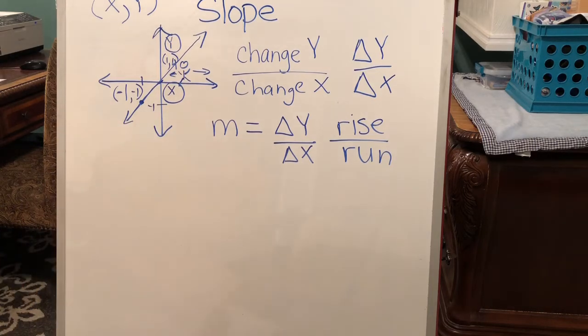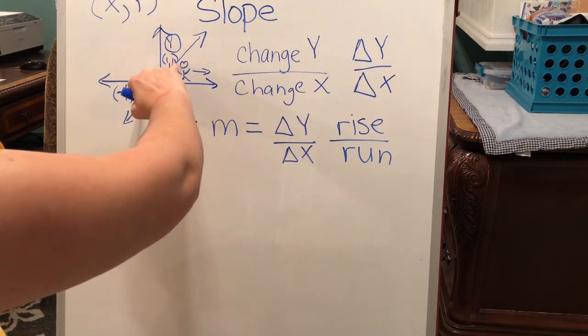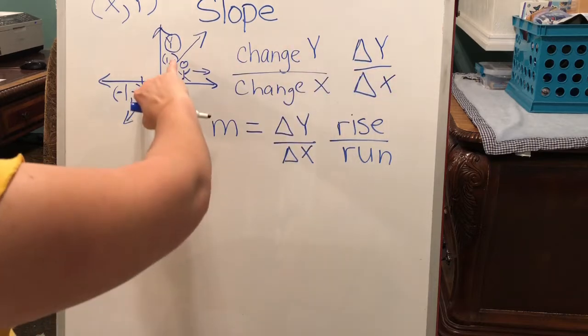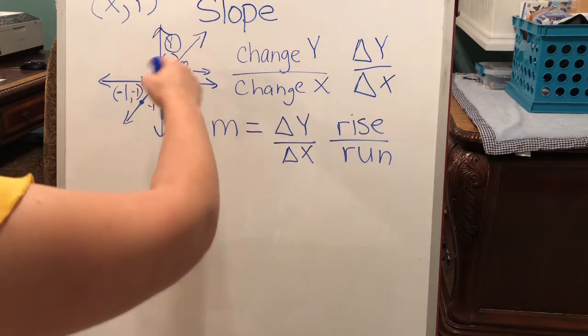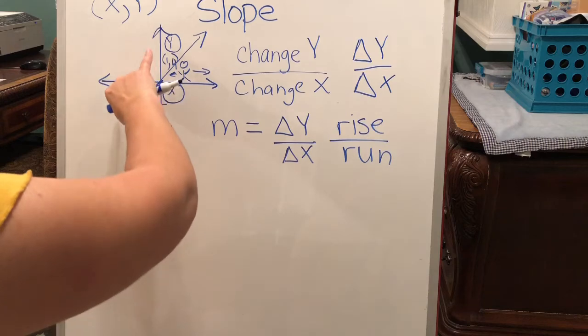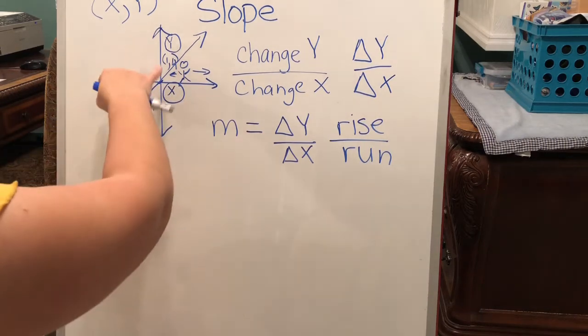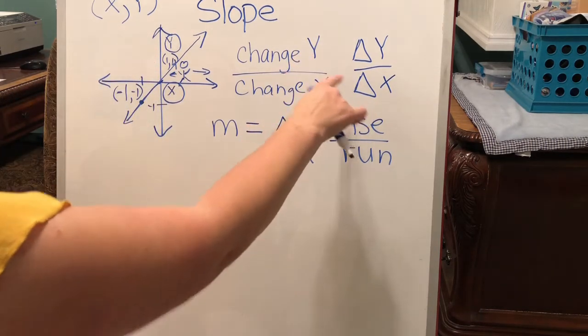And my point also goes through, we'll say, 1, 1. Okay, now we want to take the y's, remember it's the change in y, and we want to subtract them to get the change or the difference. And then we want to take the x's and subtract those to get the change in that.